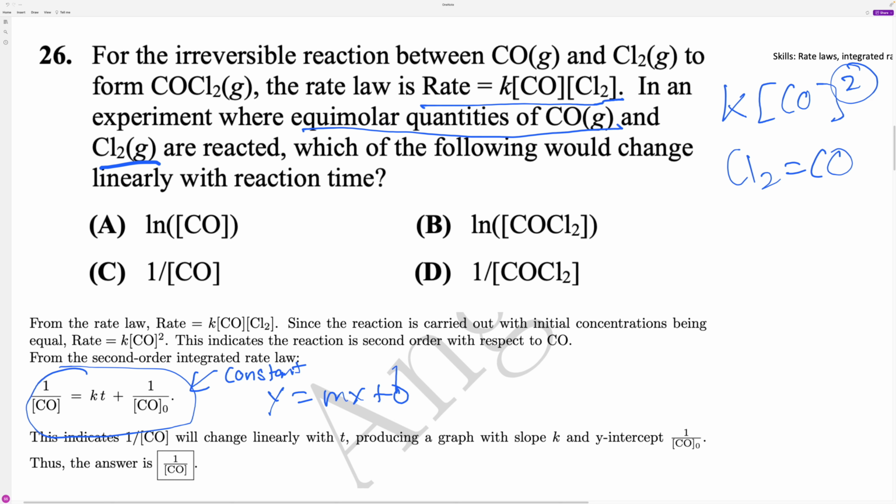So the m here is going to be k, the y is going to be 1 over CO. It's asking what's changing linearly with t, and the x is going to be t in this scenario. So it's asking what's the y essentially here, and that's going to be 1 over the concentration of carbon monoxide. So our answer is going to be C.